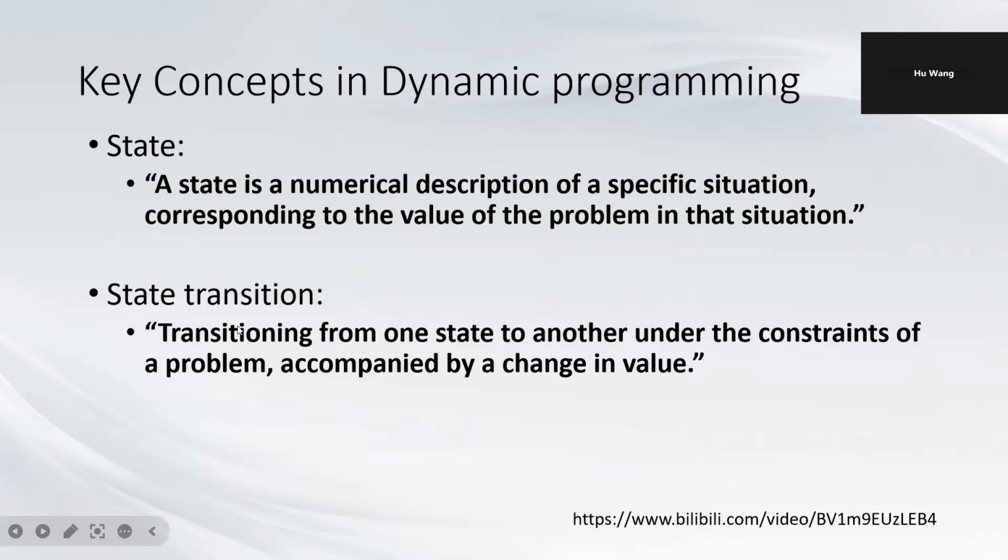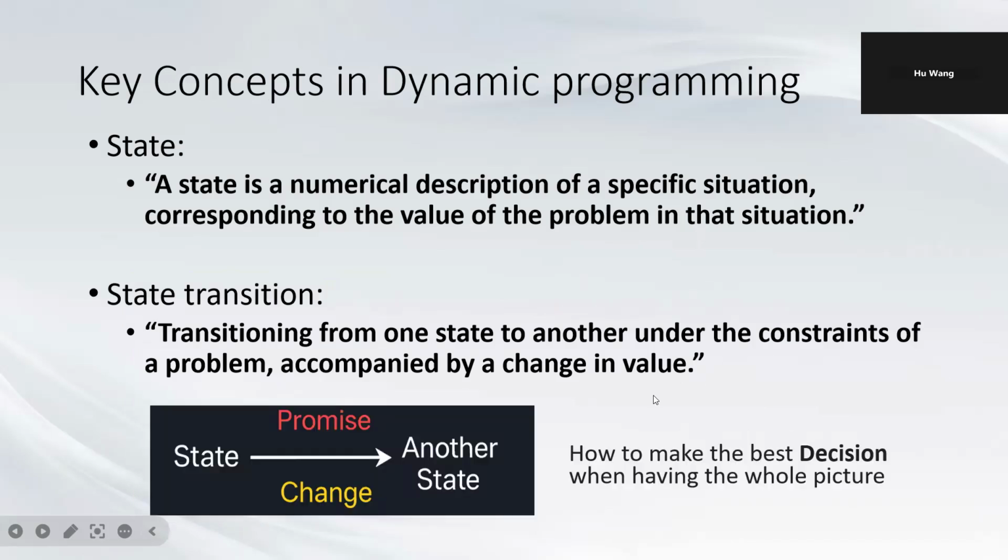So state transition goes from one state to another under a constraint of a problem. So we need a constraint accompanied by a change in value. So we have a state to another state, we have changes, and we should keep some promise and keep some rules. And how to make the best decision when having the whole picture.